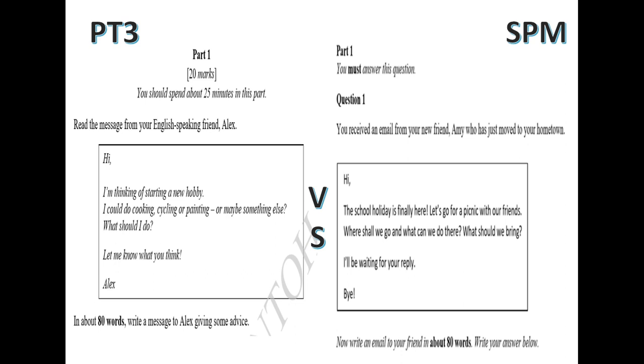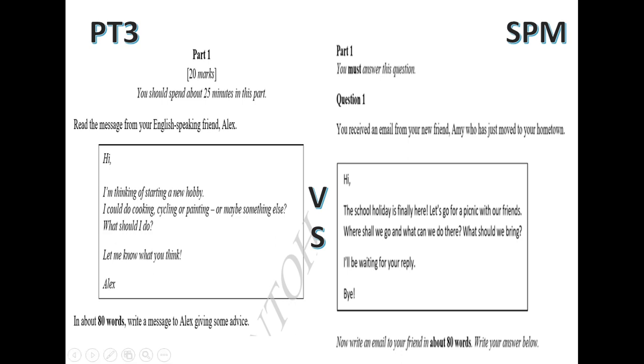Meanwhile, for PT3, you need to choose any of the options given and explain about your choice. However, the number of words still remains the same, which is 80 words. And the total marks for this part is also 20 marks.